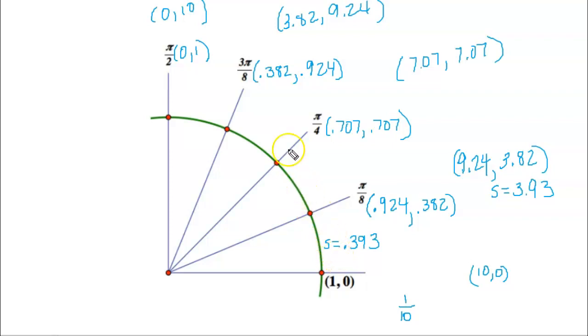So if we have 2 of them, we multiply by 2 to get 0.785. If we have 3, we multiply by 3 and get 1.178. With 4, we get 1.571. So we can find all of those arc lengths and points using that same proportionality concept.